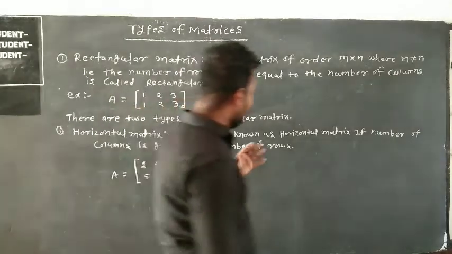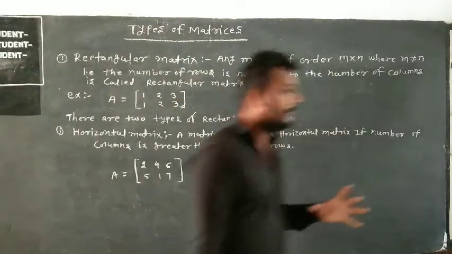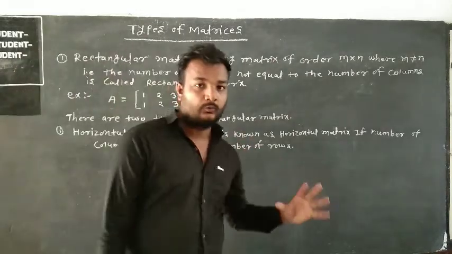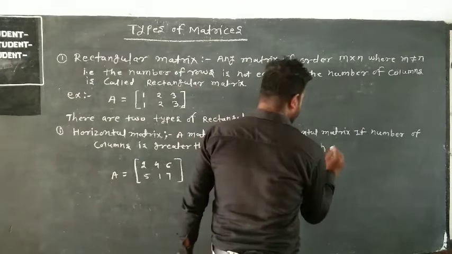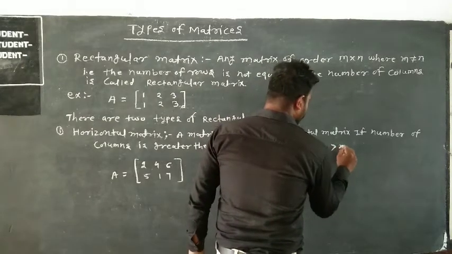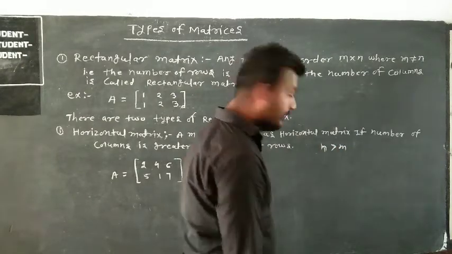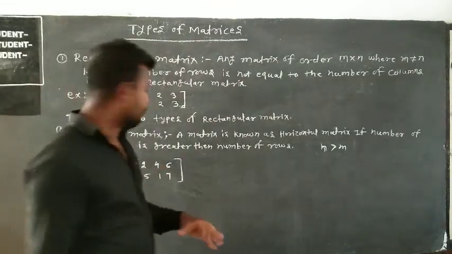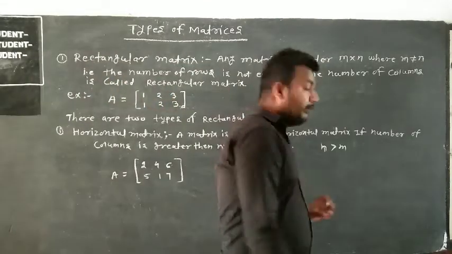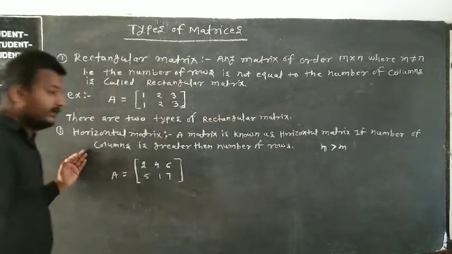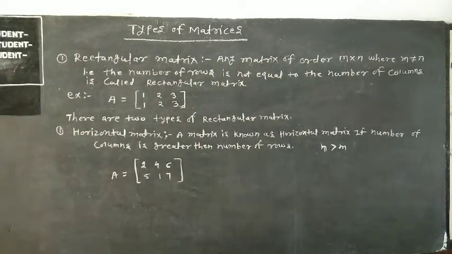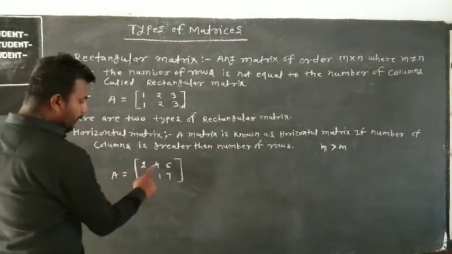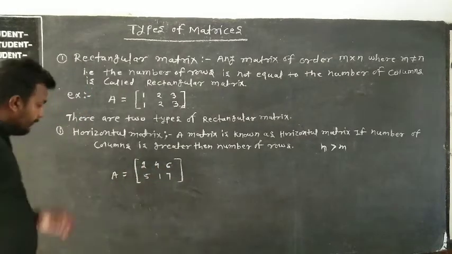So a matrix with the number of columns greater than the number of rows is called a horizontal matrix. Example: matrix A equals 2 4 6 and 5 1 7.